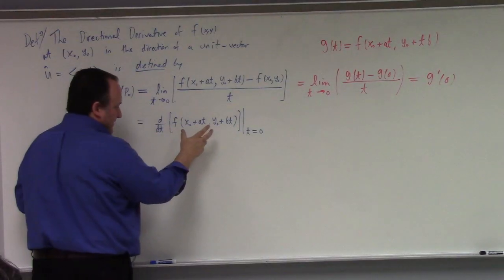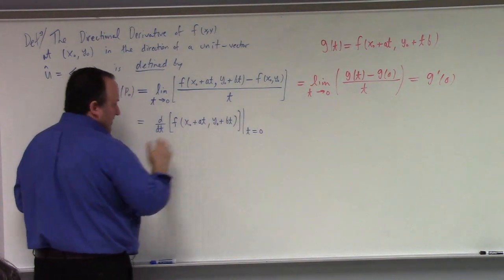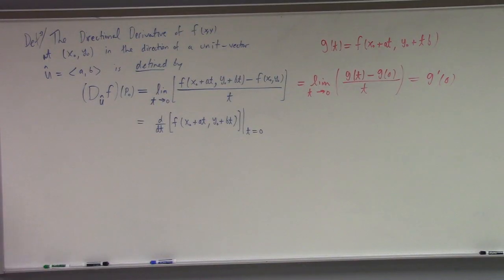So we differentiate g, quote unquote, and we put t equal to 0. That's the directional derivative. And again, that makes sense because of this picture over here. We're studying the change in the function relative to that vertical slice.